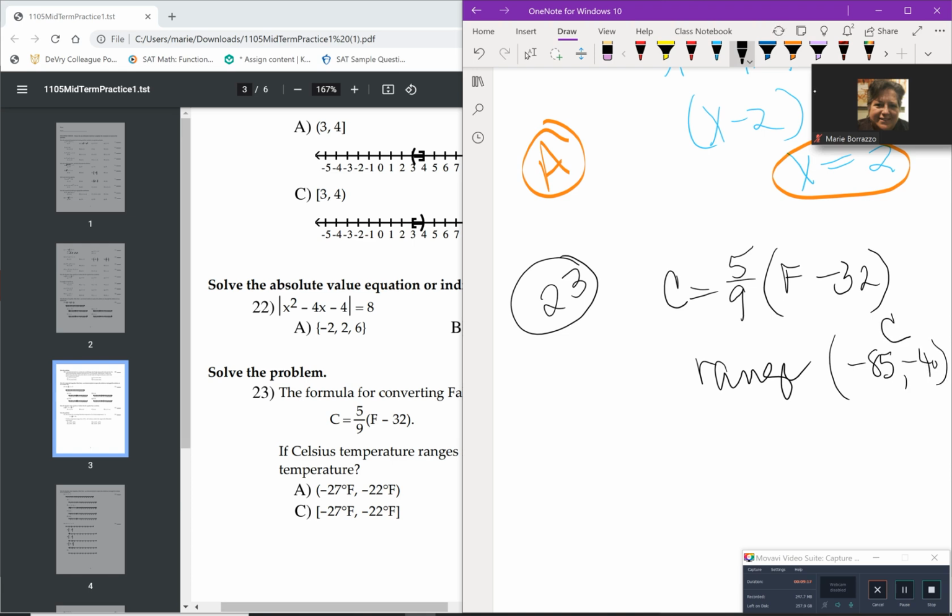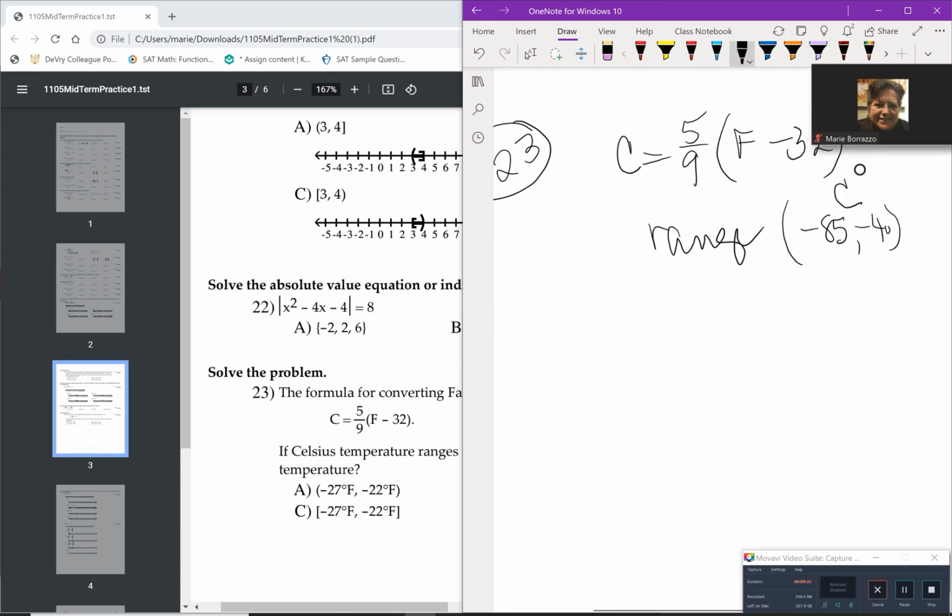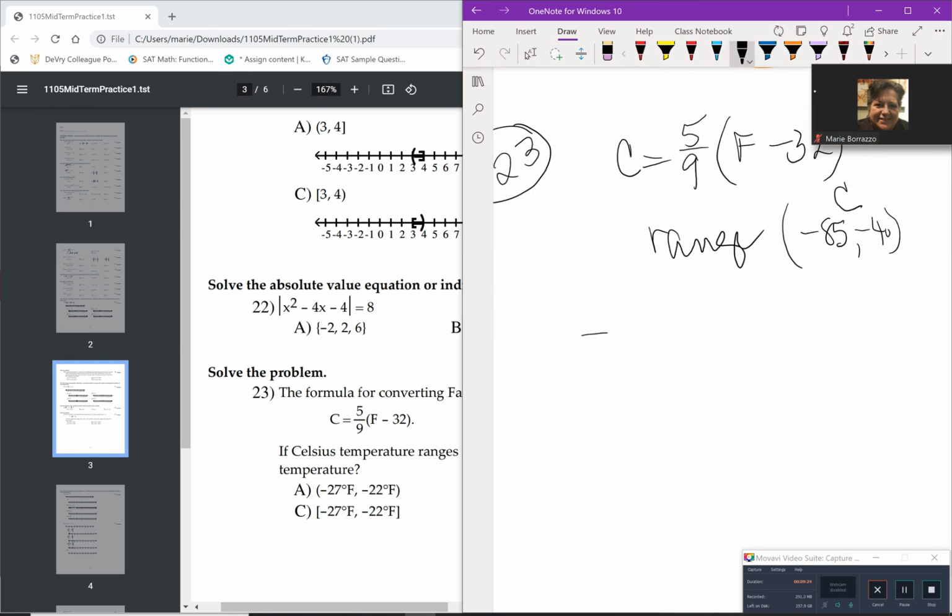And these are Celsius. They want us to find the Fahrenheit. So very simple. They're giving us Celsius, so I'll start with negative 85 is equal to 5 over 9, parentheses, what I need to know, which is Fahrenheit minus 32.